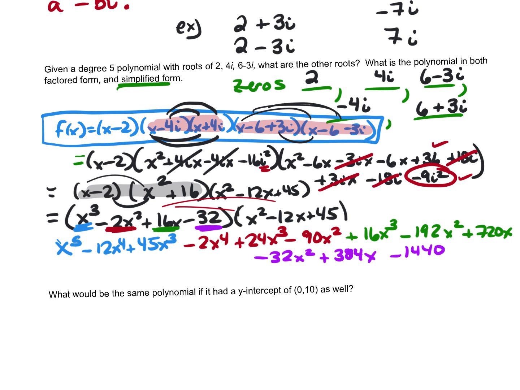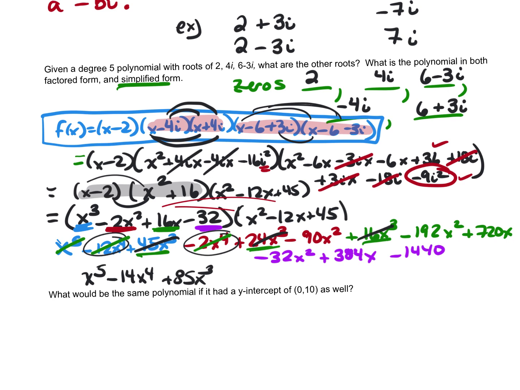So as you can see, this is going to be a large polynomial, x to the fifth. I have 2x to the fourth, it looks like. Minus 12 minus 2 is minus 14x to the fourth. I'm just going to cross out once I've done them. 45x cubed, 24x cubed, so we have 45 plus 24 plus 16 is 85, so we have plus 85x cubed.